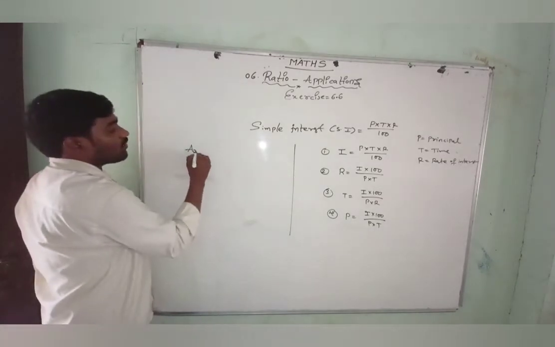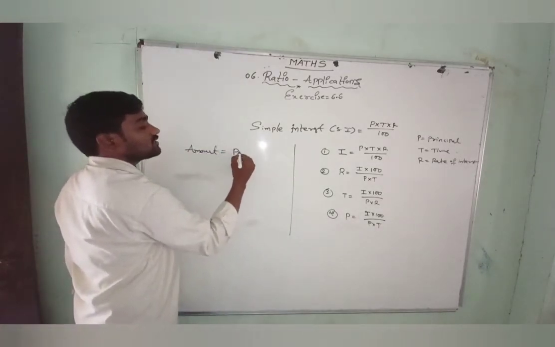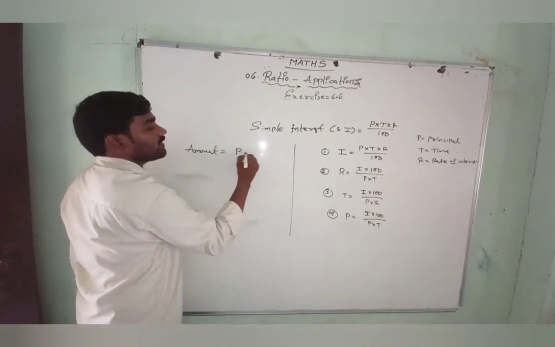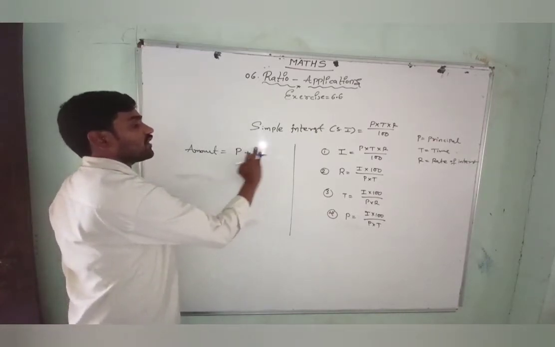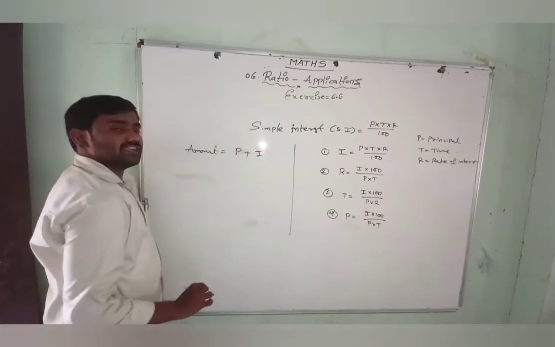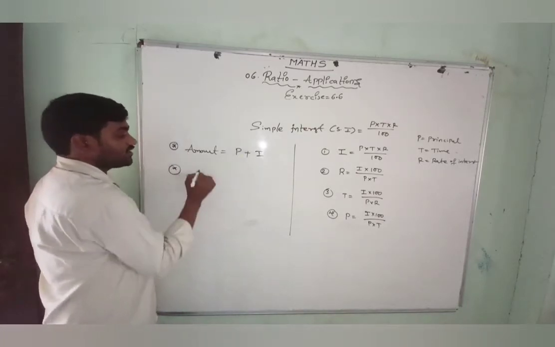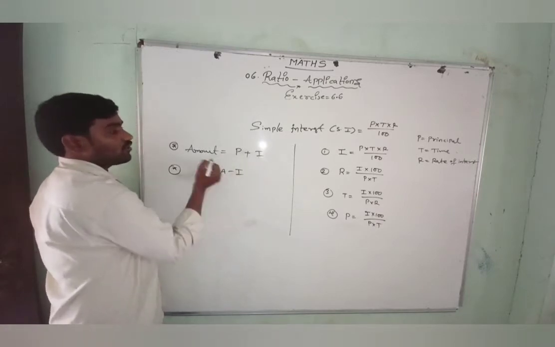Along with that, the amount formula: Amount equals principal plus simple interest. And if you need the principal directly when amount and interest are given, principal equals amount minus interest.